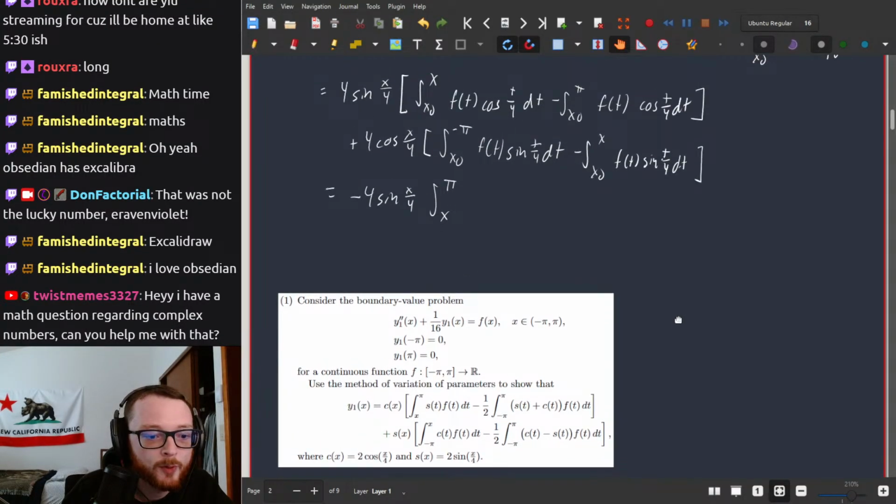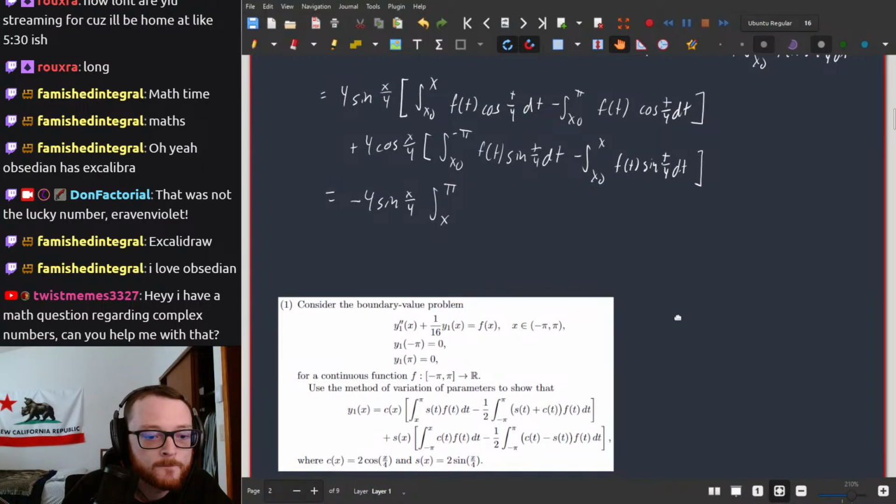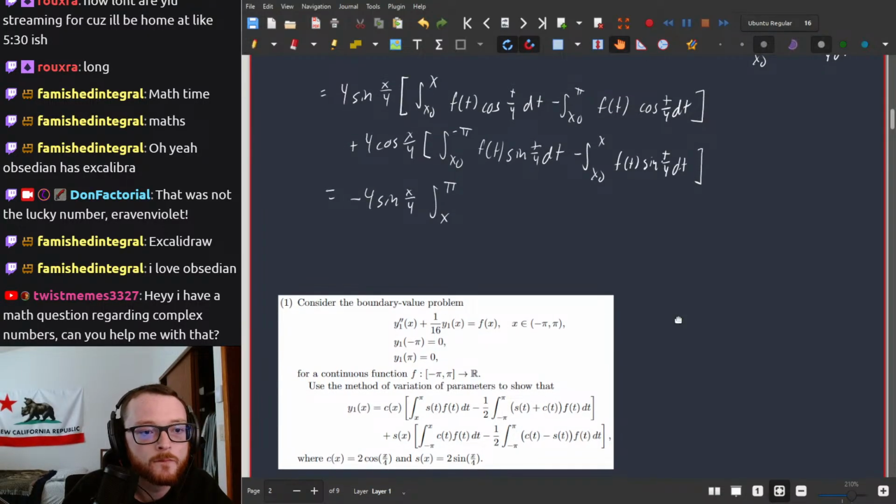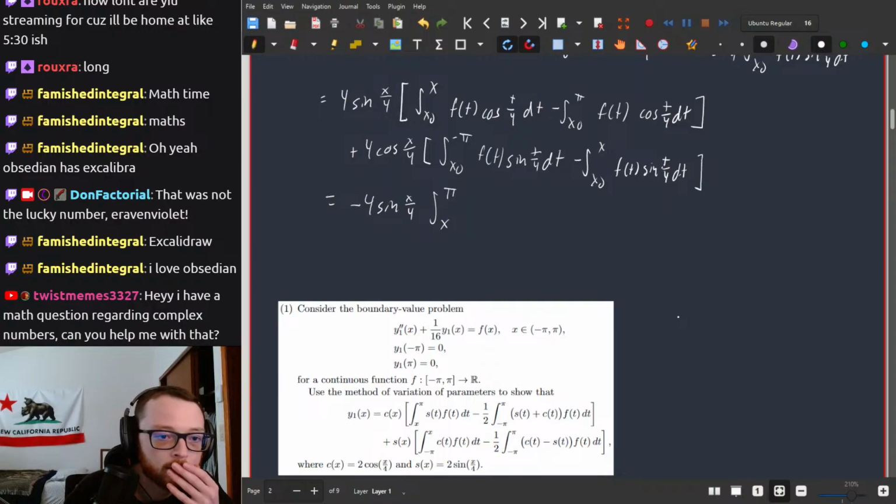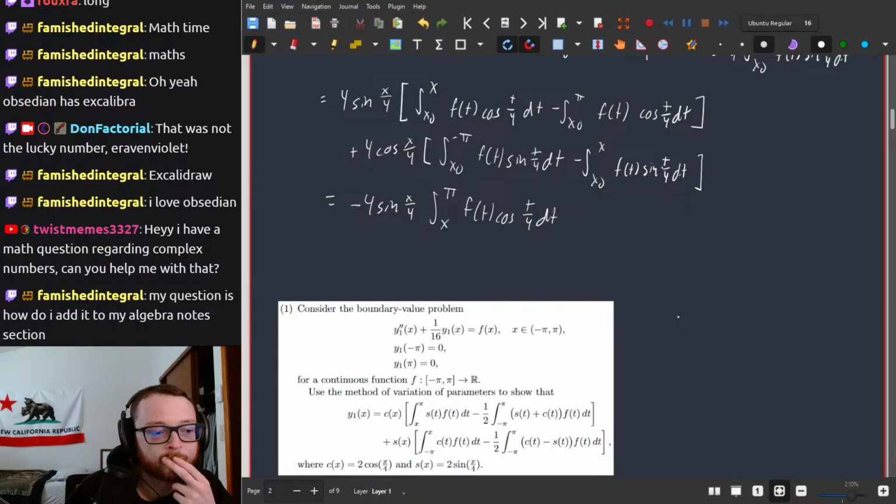Yeah, sure. Twist memes. Something about this isn't right, but let's just plow through those. How do you get Obsidian to your algebra notes section? I don't know.